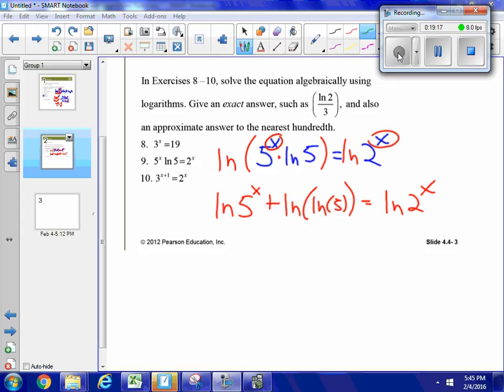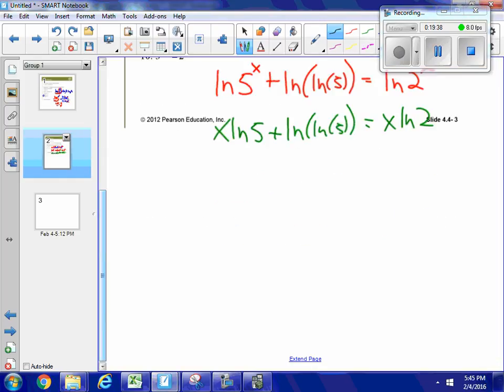Now I'm going to be able to get my x's down. So I'm going to have x ln 5 plus ln ln 5 is equal to x ln 2. So just like we do with any kind of algebra problem, I'm going to get all my x's on one side.